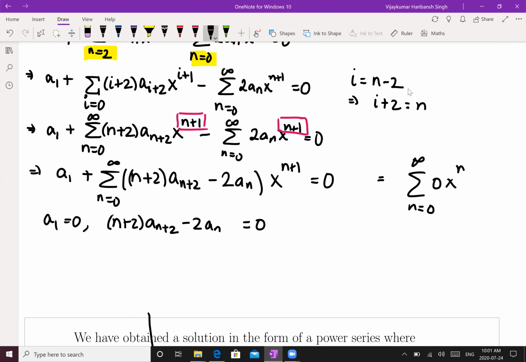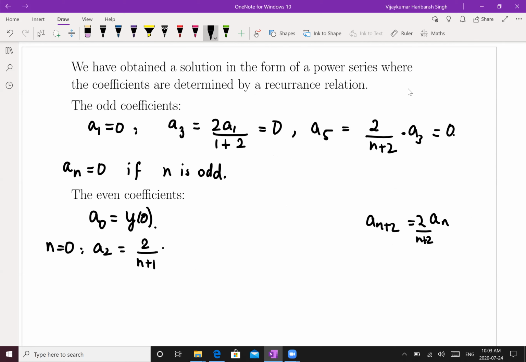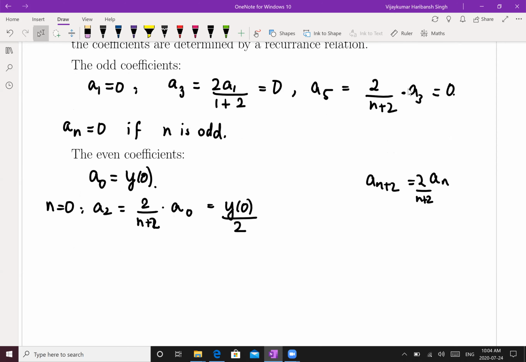So a2 is going to be 2 upon n+2 times a0, which is going to be y naught divided by 2, so 2 plus 2... y naught divided by 2.